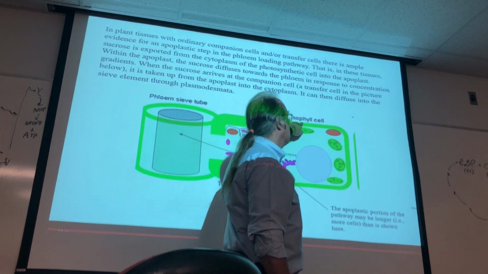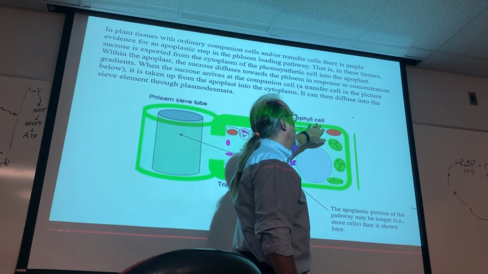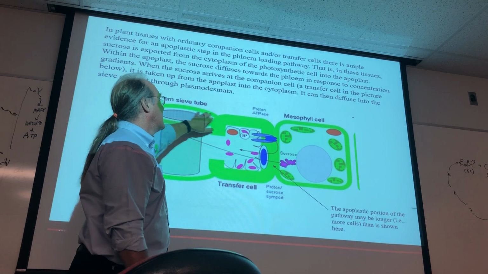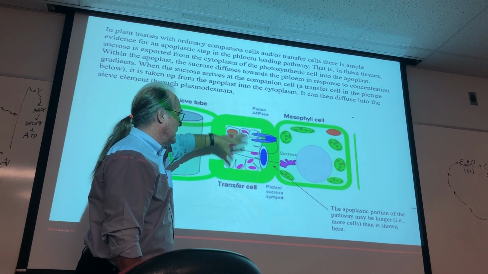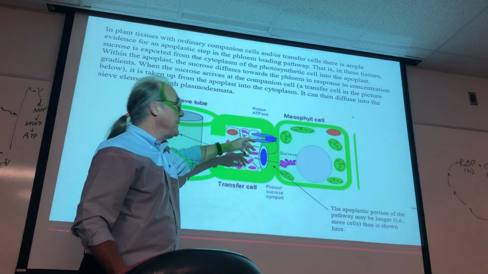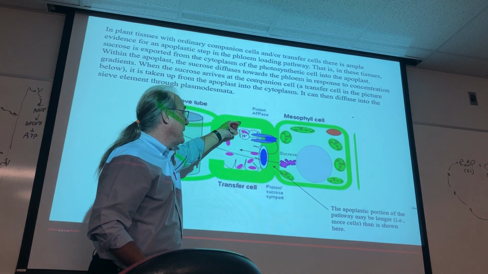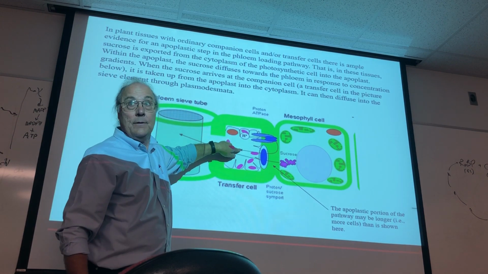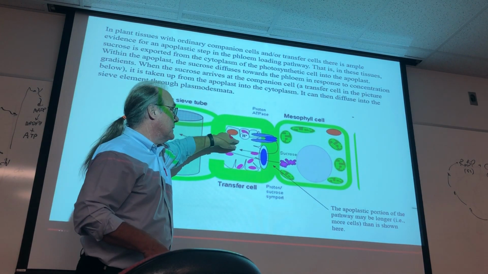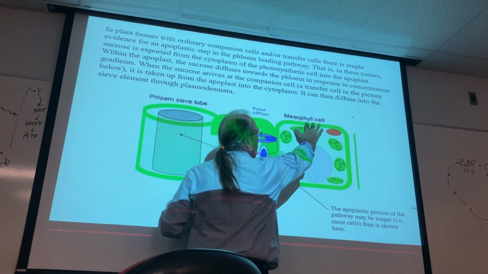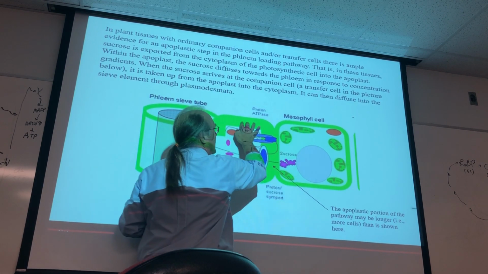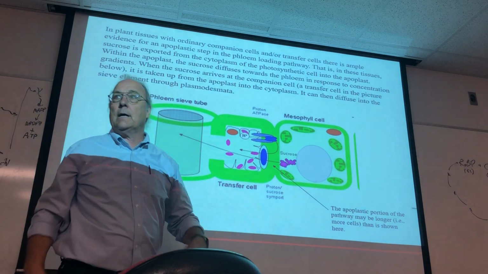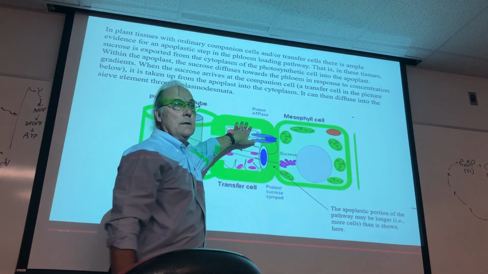Once the sucrose is outside this cell, it tends to have a higher concentration here than over here close to the sieve tube, let's say this transfer cell, because the transfer cell is going to take that sucrose and transfer it into itself, again expending energy. So we have a high concentration of sucrose here, lower concentration here, and the transport is by diffusion, high concentration to low concentration.